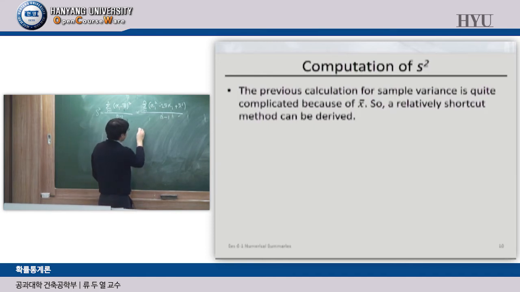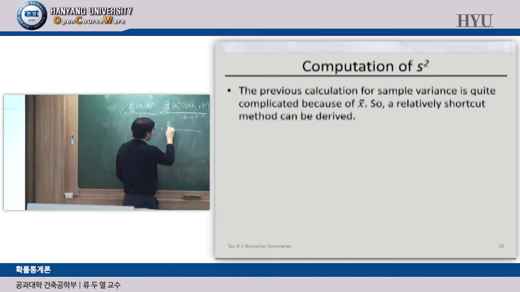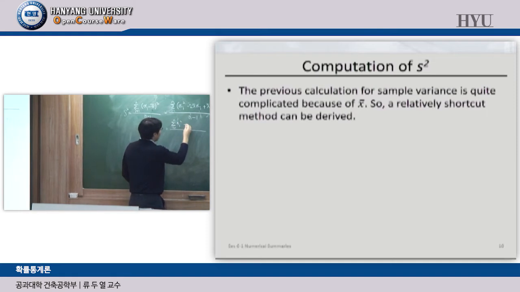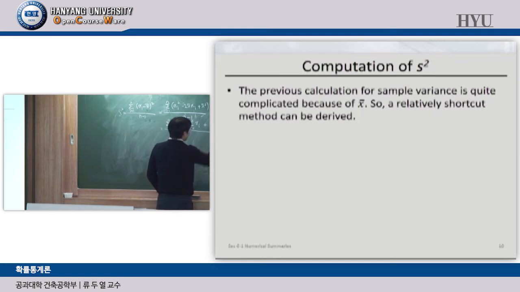So this can be written as the summation of xi square, minus 2x bar, which can be extracted because this is a constant value, times the summation of xi, plus the summation for i equal to 1 to n of x bar square, over n minus 1.